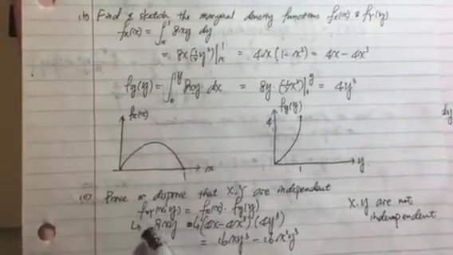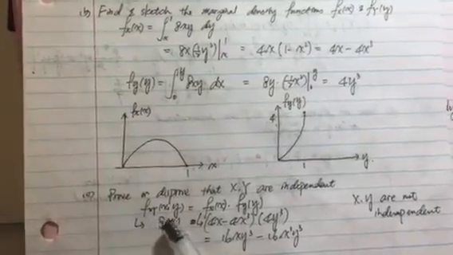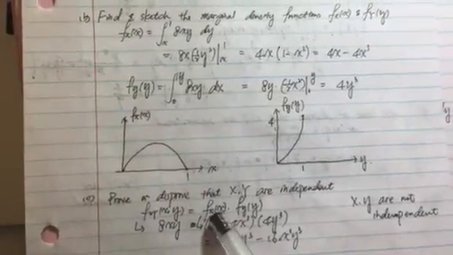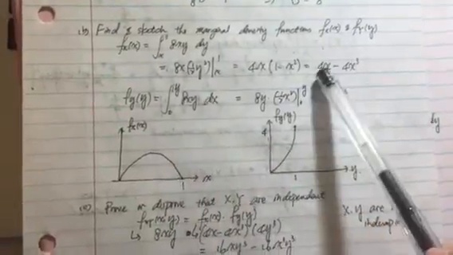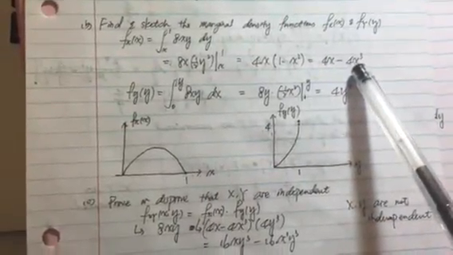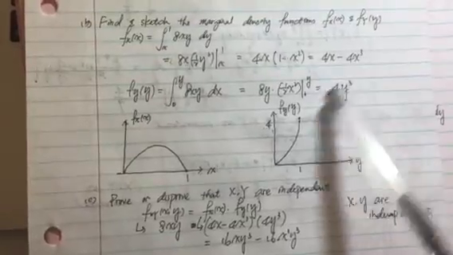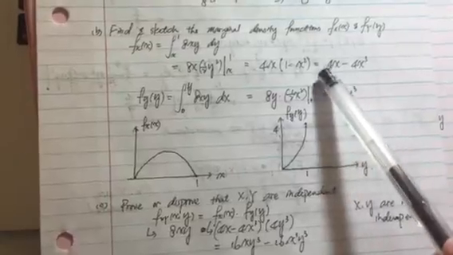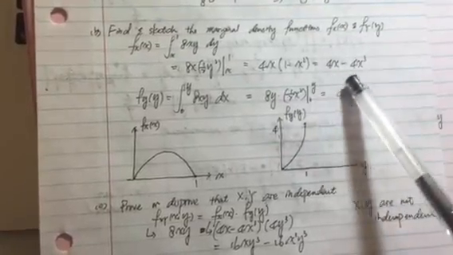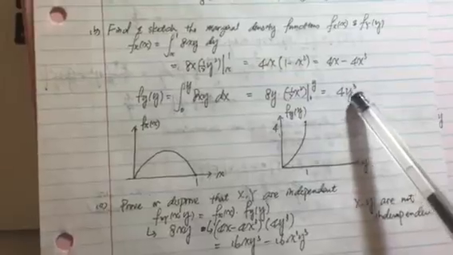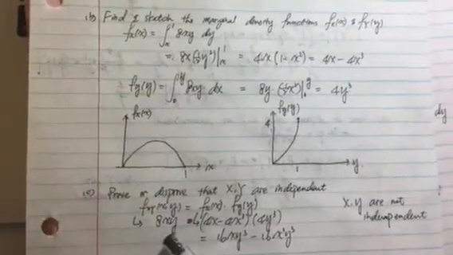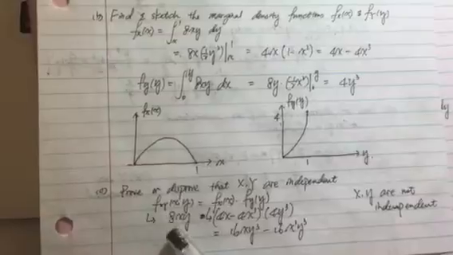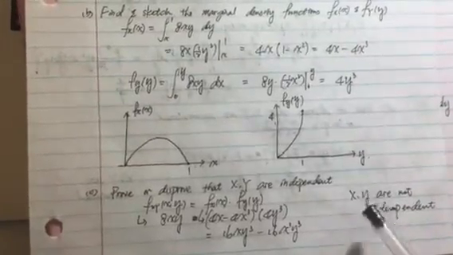We know that b is 8, so f_XY is 8xy, and f_X(x) is 4x minus 4x cubed, and f_Y(y) is 4y cubed. So the multiplication of f_X and f_Y doesn't equal f_XY. So X and Y are not independent because they are not equal.